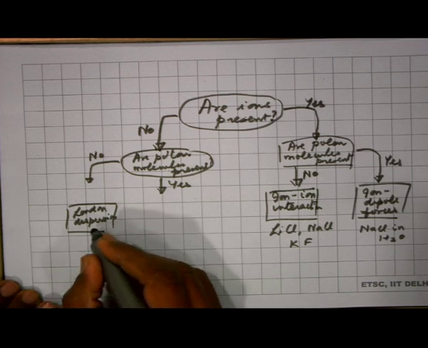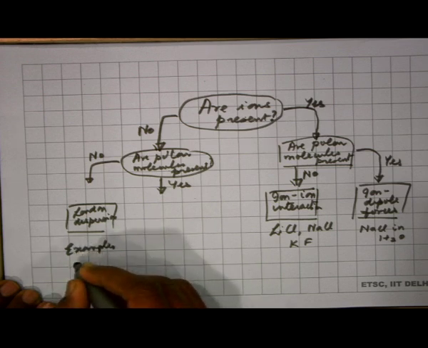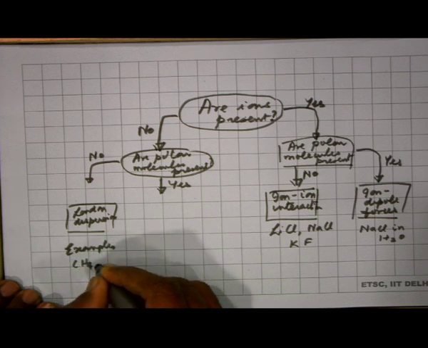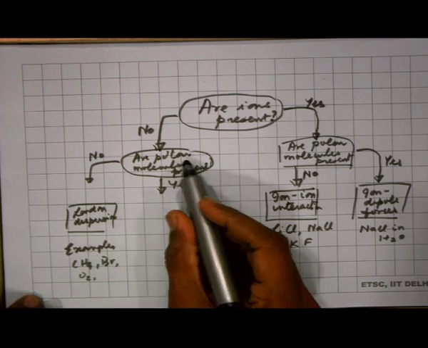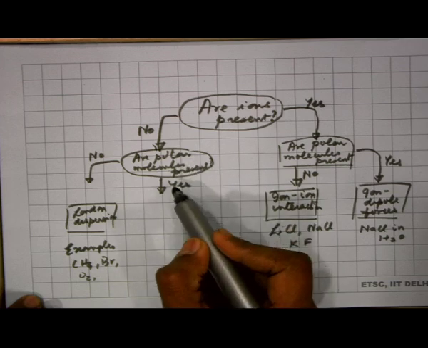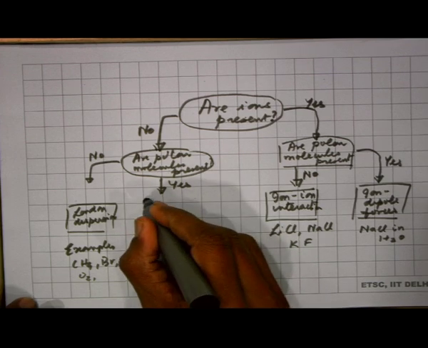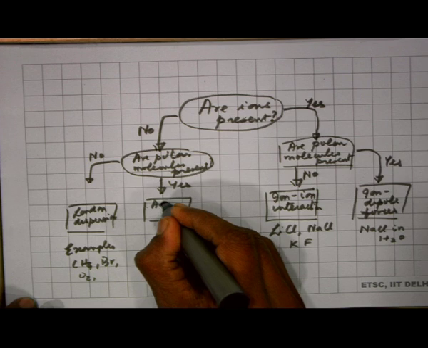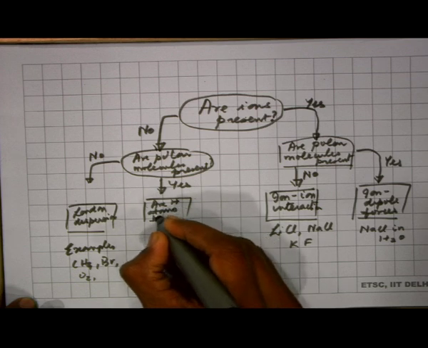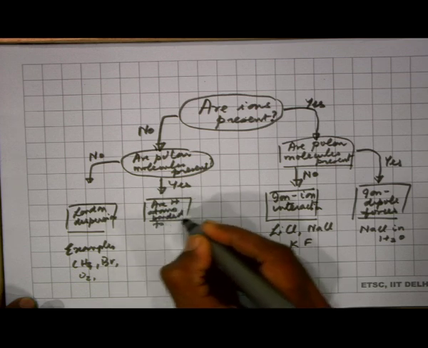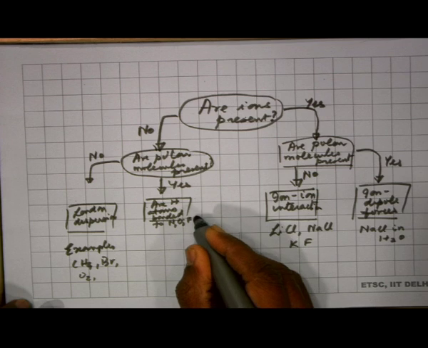And examples would be methane, bromine, oxygen, etc. Then once you are here and you find that it is a polar molecule, then you ask yourself the question, are hydrogen atoms bonded to nitrogen, oxygen, fluorine, etc.?